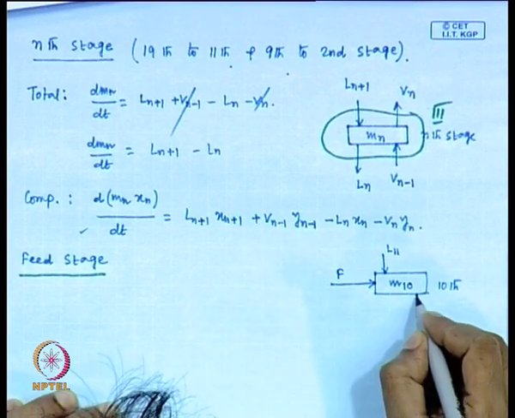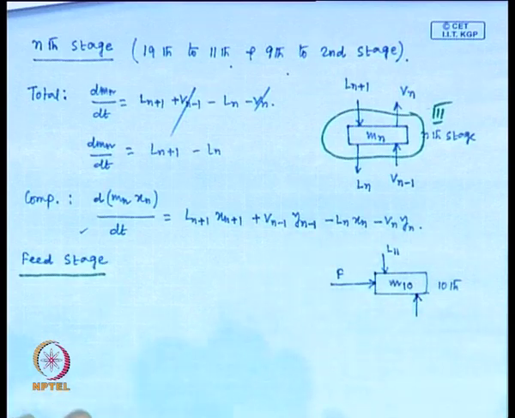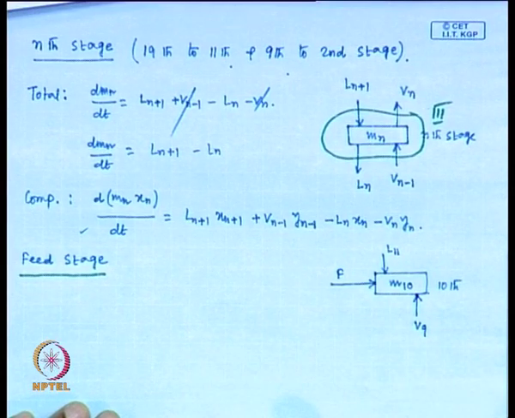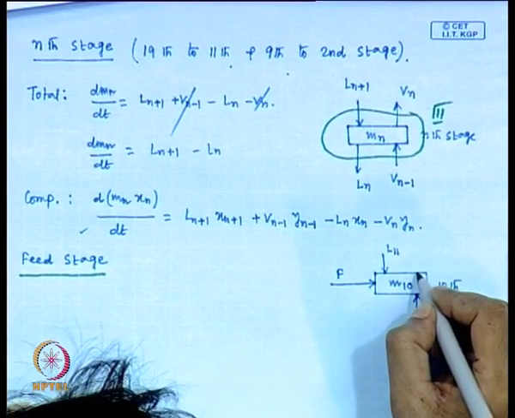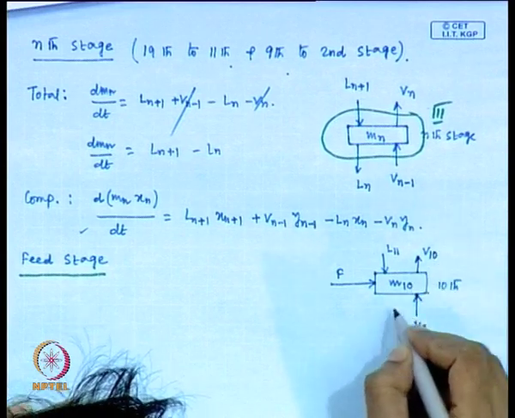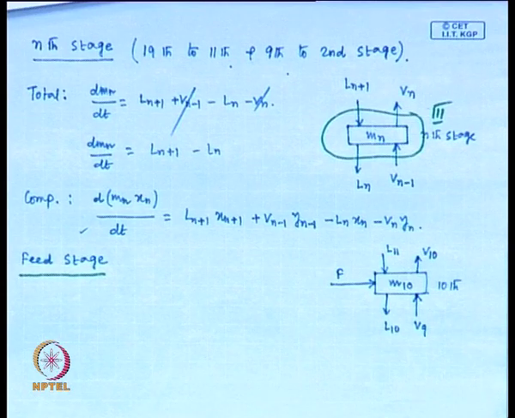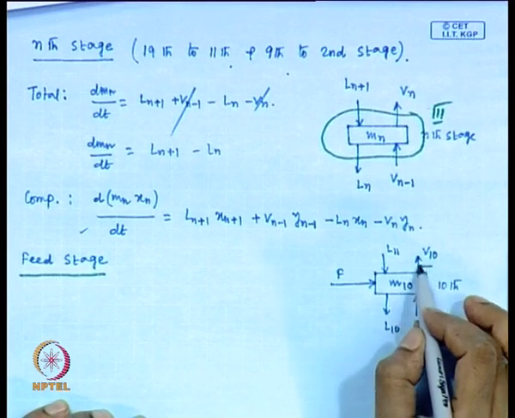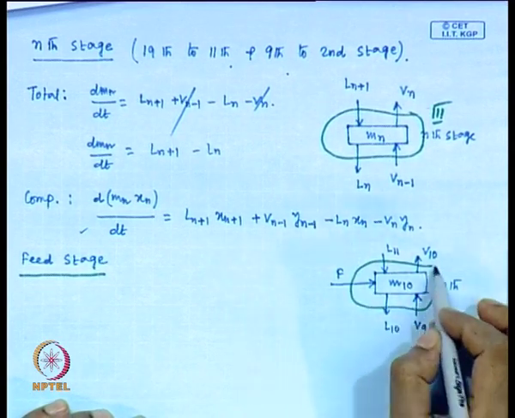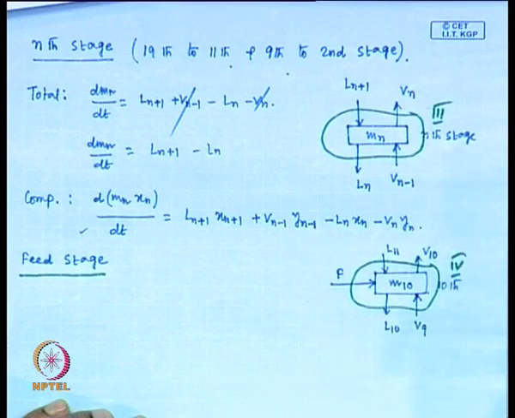Another input is the vapor stream which is coming from just below the feed tray, that is V9. Fine. And outgoing streams are V10 and L10. So, this is the fourth envelope.